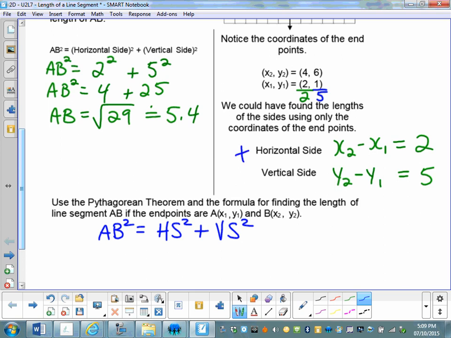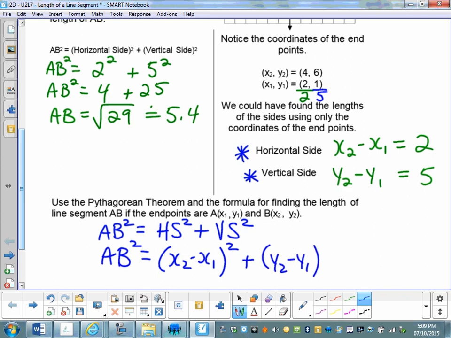But we just came up with expressions for each of these here. So we can actually write that AB squared equals, and this is x2 minus x1 is the horizontal side, and y2 minus y1 is the vertical side.